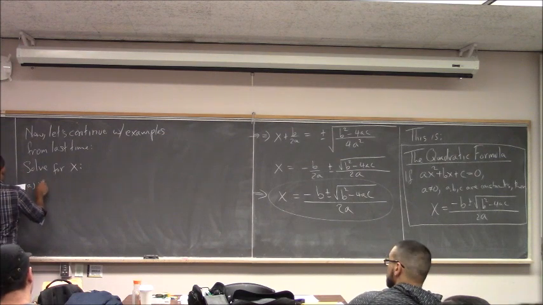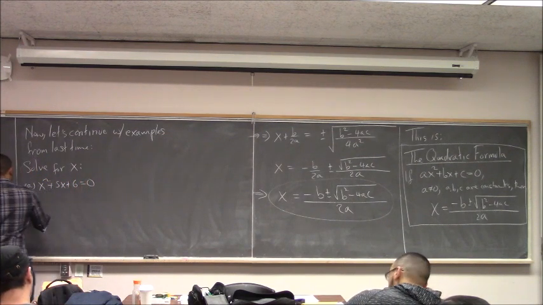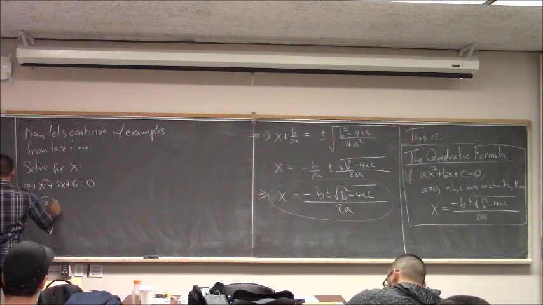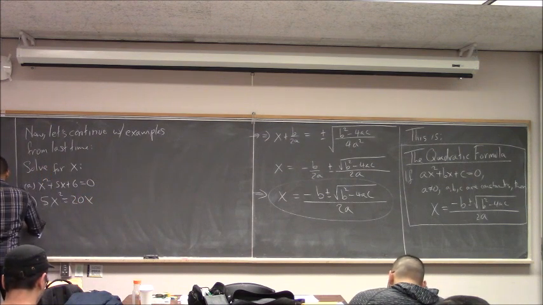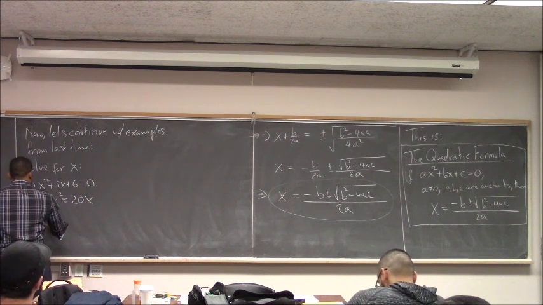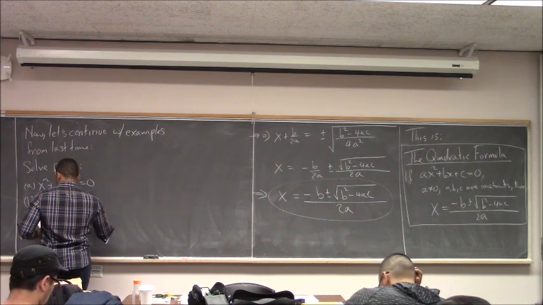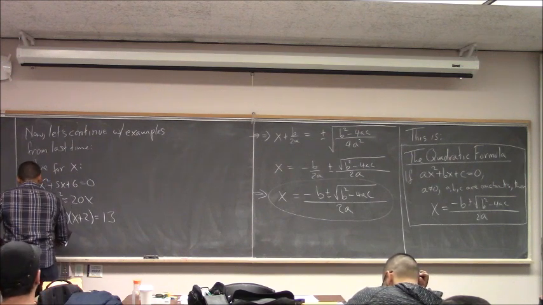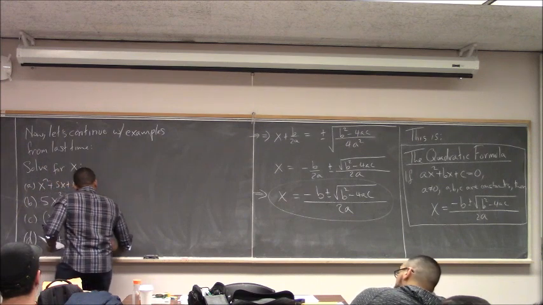A, x squared plus 5x plus 6 equals 0. B, 5x squared equals 20x. C, x squared plus 3x plus 2 equals 13. D, x squared plus 8x plus 1 equals 0.